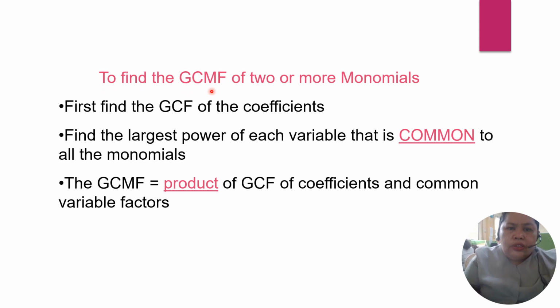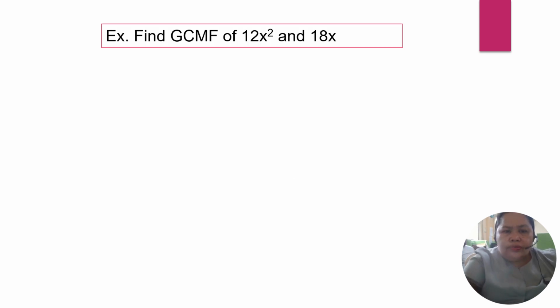So to find the GCMF of two or more monomials, first find the GCF of the coefficients. Next, find the largest power of each variable that is common to all the monomials. The GCMF is the product of the GCF of the coefficients and the common variable factors.